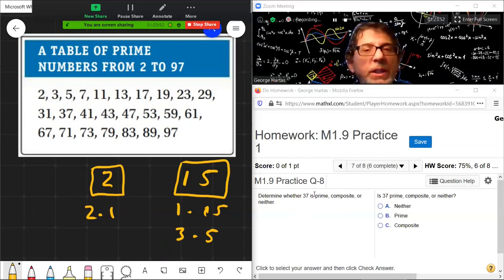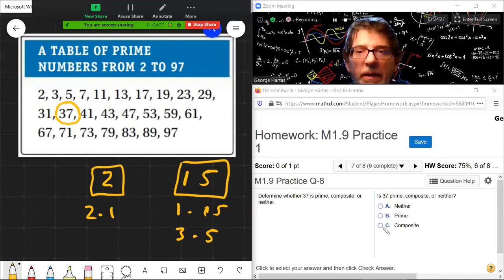Well, let's see. 6 times 6 is 36. 9 times 4 is 36. 2 times 19 is 38. 7 times 5 is 35. Nope. See what I mean? You cannot come up with two numbers that when you multiply will give you 37 besides 1 and 37, which makes 37 a prime number. There it is.